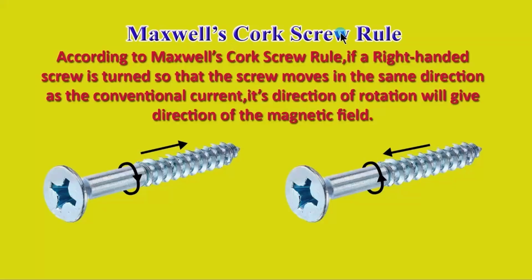Maxwell's cork screw rule. According to Maxwell's cork screw rule, if a right-handed screw is turned so that the screw moves in the same direction as the conventional current, sometimes the current might be in this direction or otherwise in this direction, then its direction of rotation, that is clockwise or anti-clockwise, will give direction of the magnetic field. See a screw.